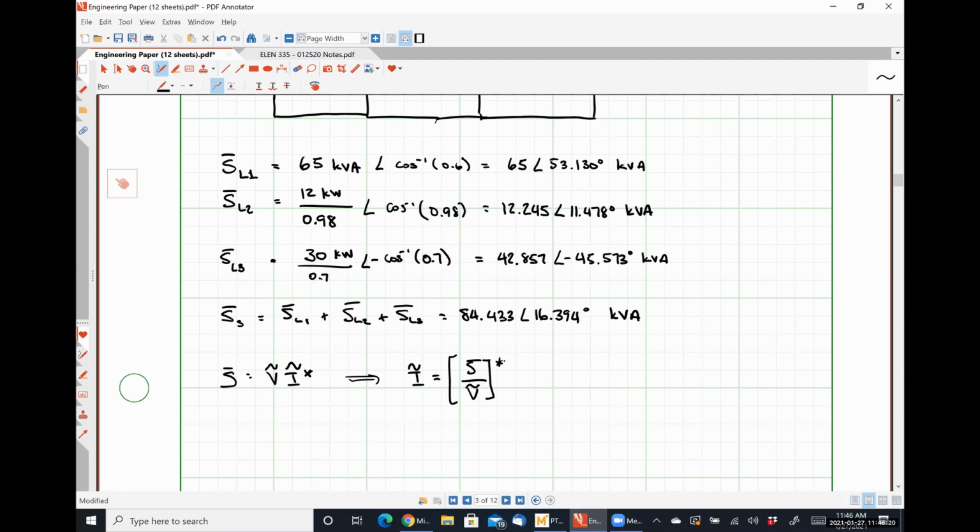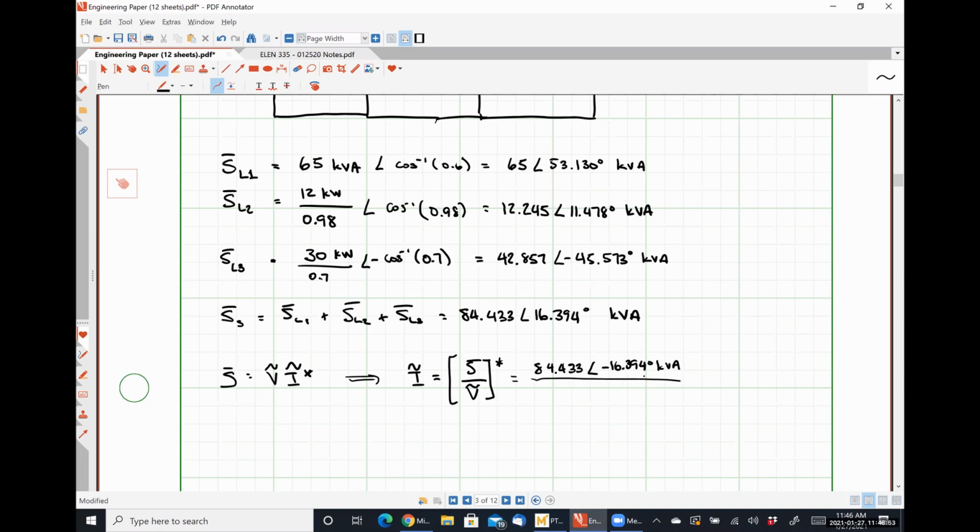I'm conjugating both the numerator and denominator of that fraction, but since the voltage has a phase angle of 0, it doesn't really matter. So that is going to be 84.433 with an angle of negative 16.394 degrees kilovolt amperes.